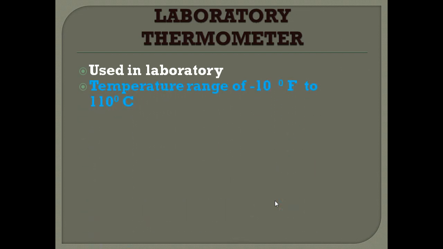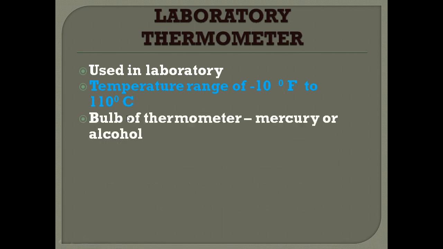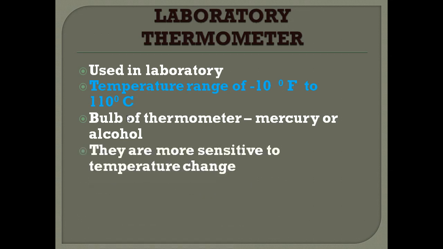The temperature range of the laboratory thermometer is minus 10 degrees Celsius to 110 degrees Celsius. The bulb of the laboratory thermometer is filled with mercury or alcohol. They are more sensitive to temperature change.